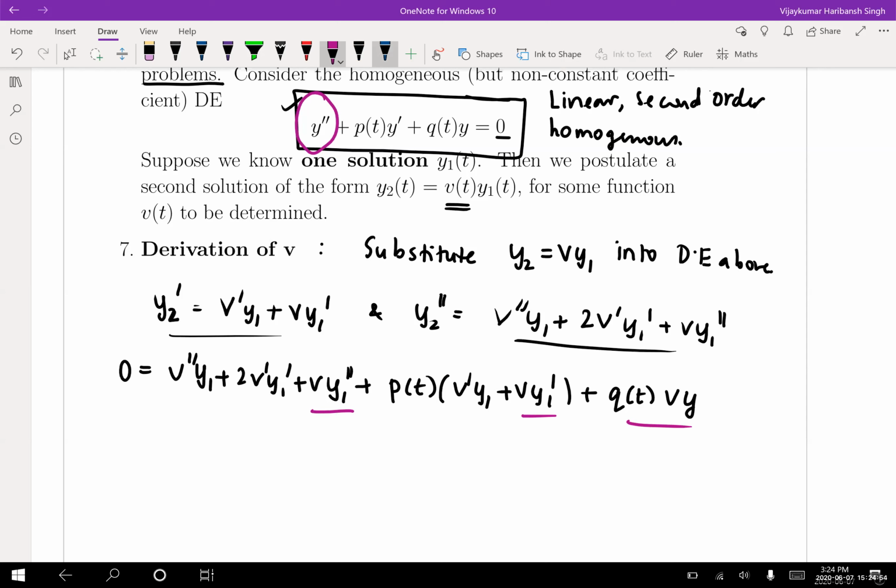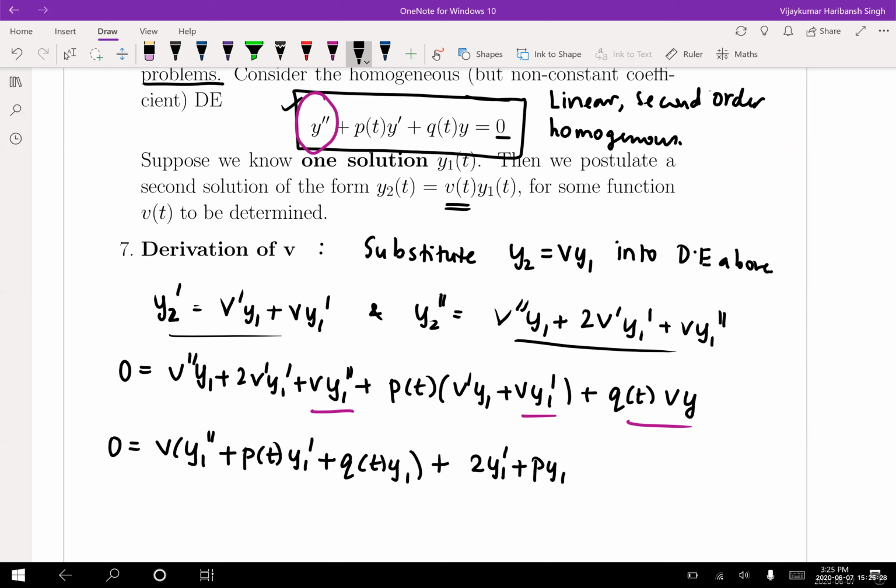So v times (y1 double prime plus p(t) y1 prime plus q(t) y1), and whatever remains we keep on the side: (2 y1 prime plus p y1) times v prime, plus y1 v double prime, equals 0.